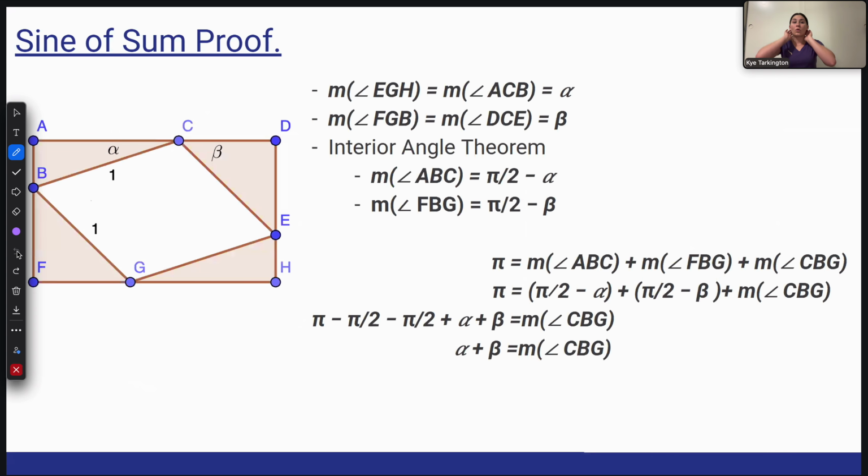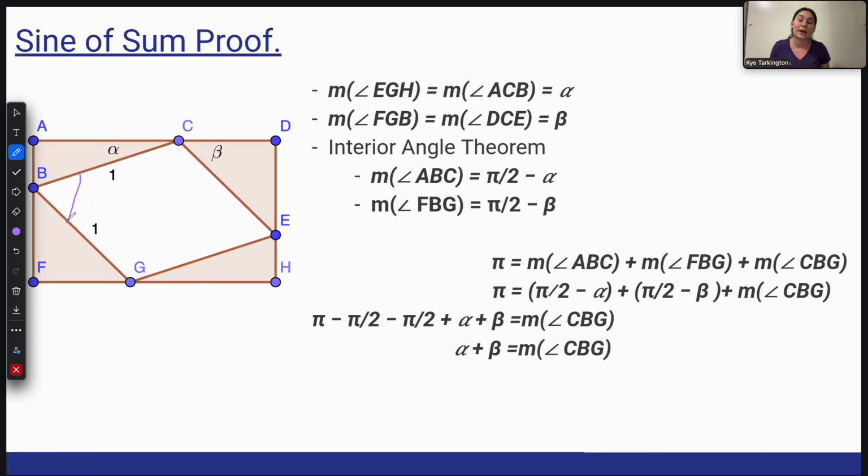All right, and so one thing that's really important to understand is that the beta triangle and the alpha triangle are not necessarily congruent to each other. So we don't necessarily have that this angle CBG is going to be a right angle. So we have to compute that angle in order to solve for the area of it.